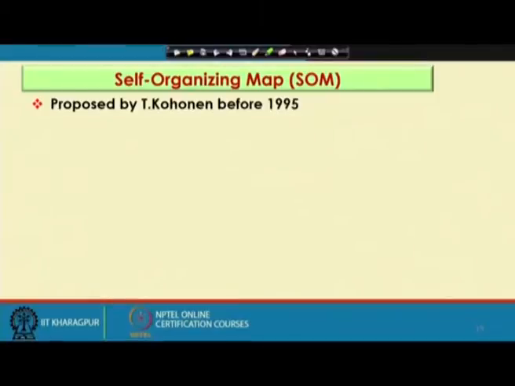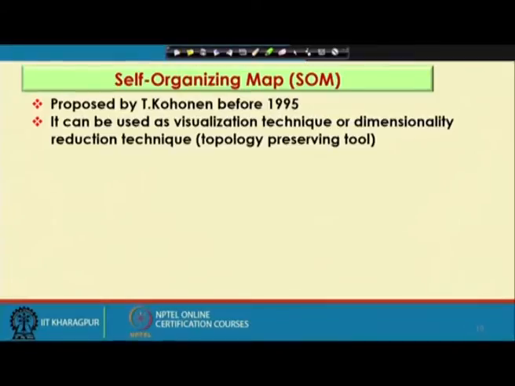The self organizing map was proposed by Kohonen before 1995, around 94 actually the idea came first. It can be used as a visualization technique or a dimensionality reduction technique, and here let me mention that this is a topology preserving tool.